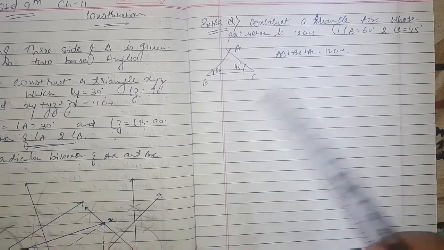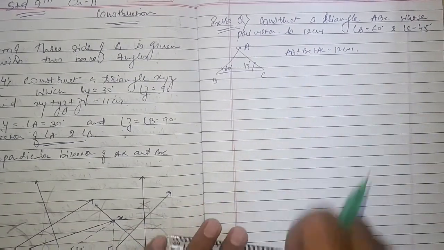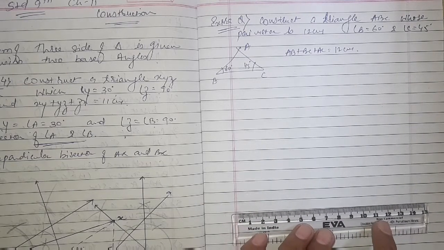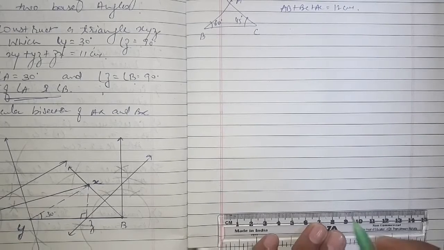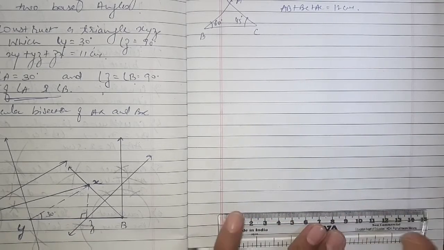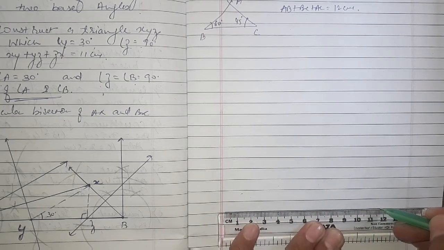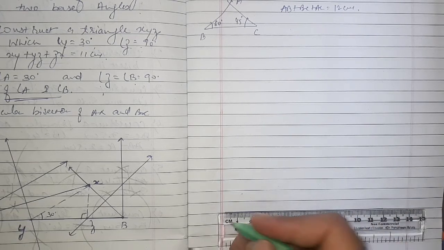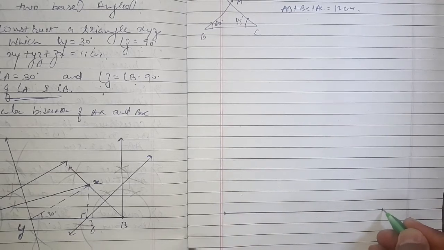We have to first of all draw the sum of all sides. First of all we have to draw the sum of all sides, that is 12 centimeter, as the base of the triangle. So here we draw the 12 centimeter first. This is my 12 centimeter, my base.